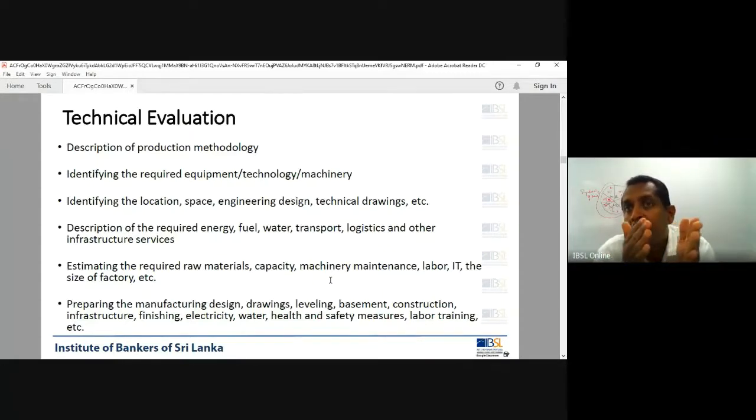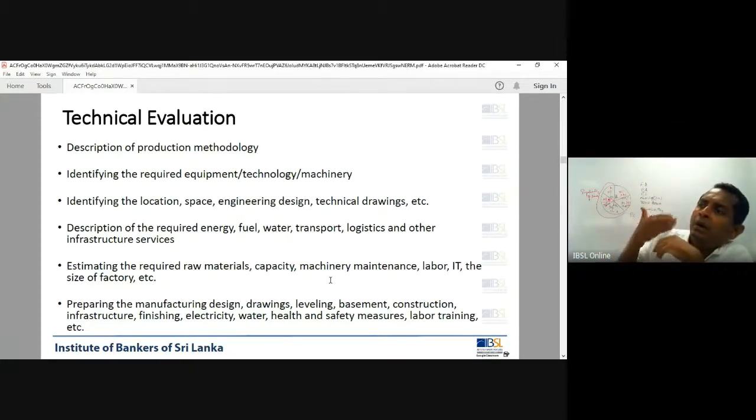There's not much difficulty in changing the batch. But continuous production, you can't stop the plant. Once the plant is started, you have to continuously produce. Steel, then cement, all those things are continuous productions.